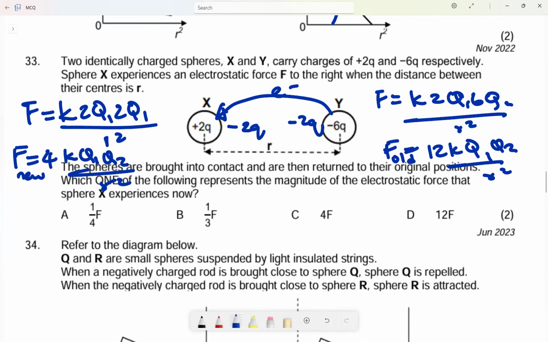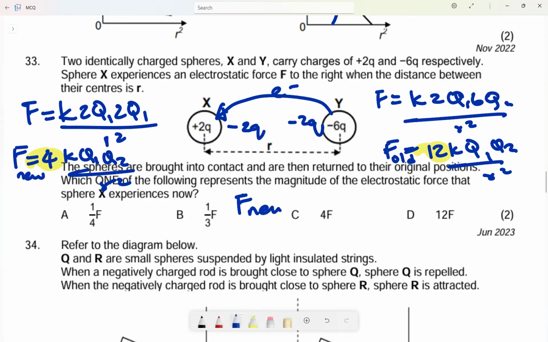So we want to know what is happening. Can you see that the first, old, is 12, and the first, new, is 3. When we say now, you need to ask which one of the following represents the magnitude of the electrostatic force that sphere X experiences now.